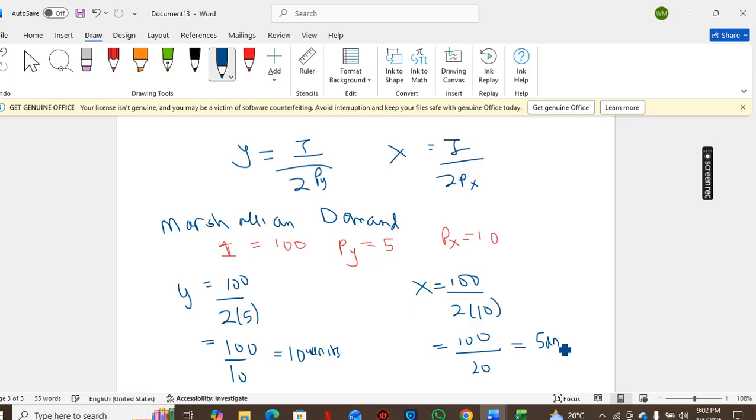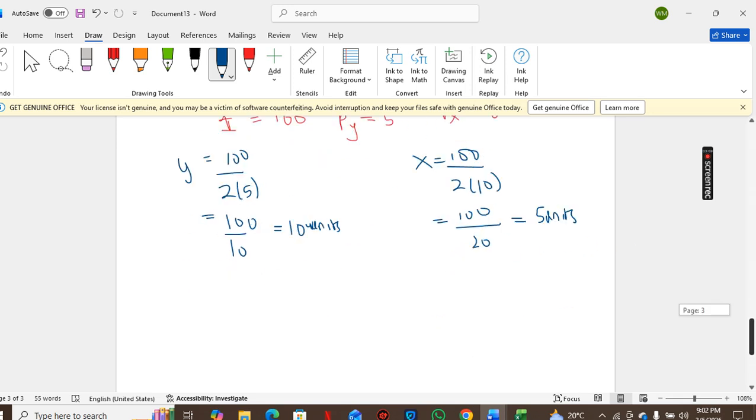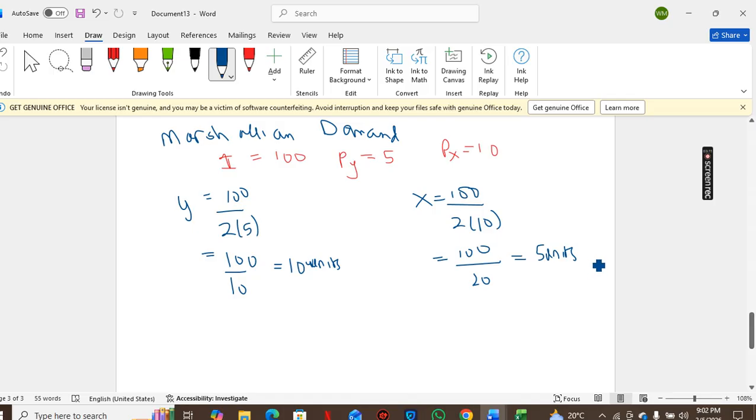Now the question is asking us to show that this decreases in price and increases with income. So let's say, for example, the price increases now. PY increases from 5 kwacha to 10 kwacha. PX increases from 10 kwacha to 20 kwacha.